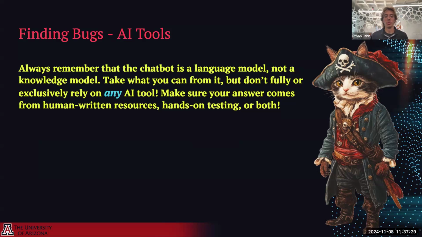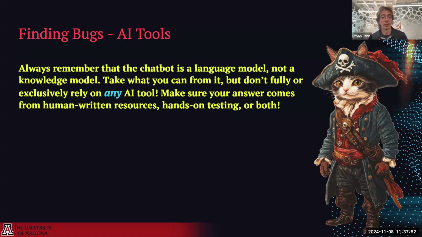They're not actual real representations of knowledge. They're representations of language. That might be a fine line depending on who you talk to, but for me, I like to keep that distinction in mind because it helps me interact with them in a way that's a little bit more helpful. So take what you can from it, but don't fully rely on any AI tool.